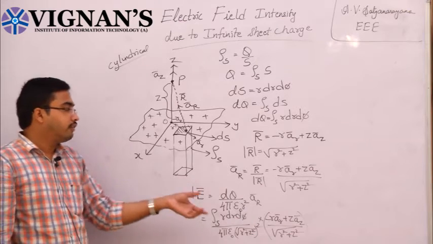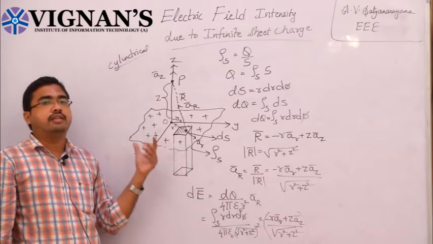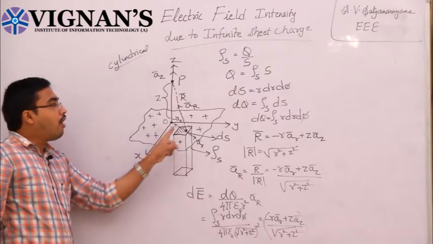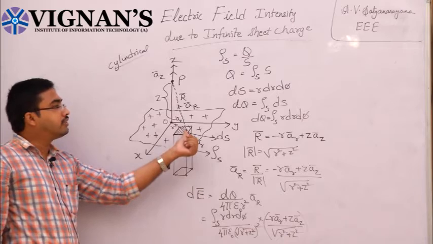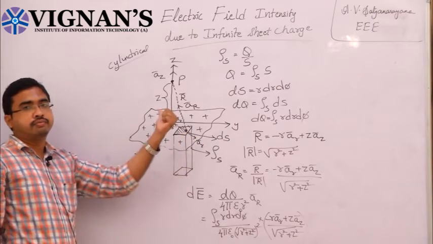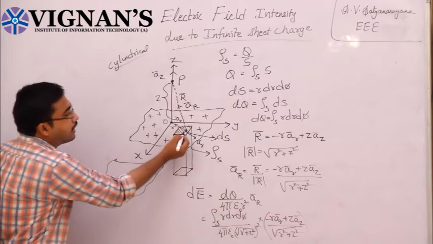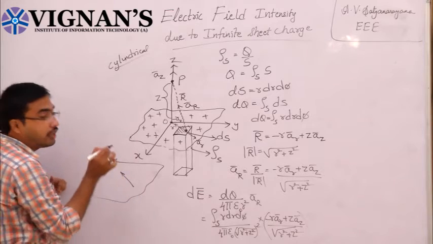For that, first we should consider in which direction the electric field intensity will act. From this concept, we can understand that all the radial components are acting from the differential surface towards the origin. If you take this sheet of charge and consider this differential surface, your aR is acting towards this.